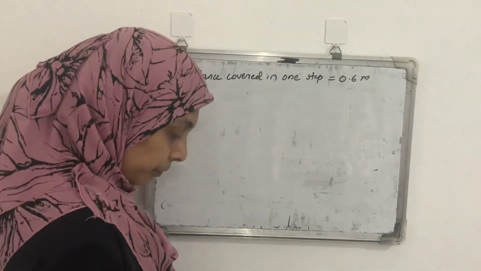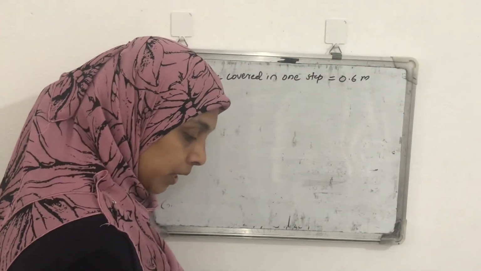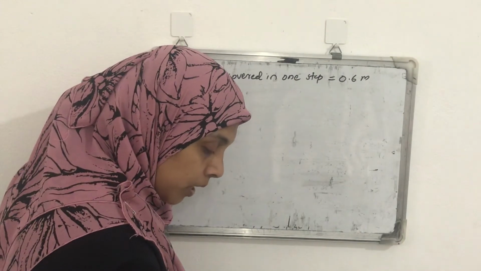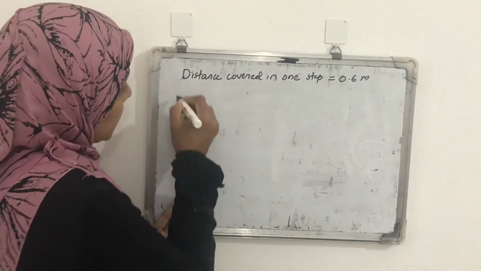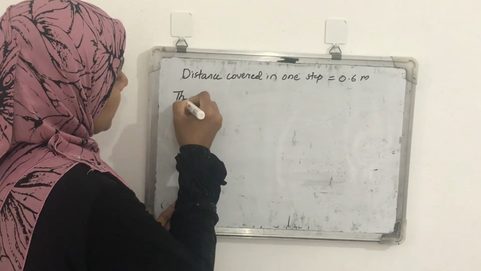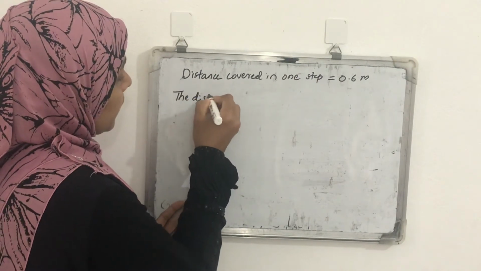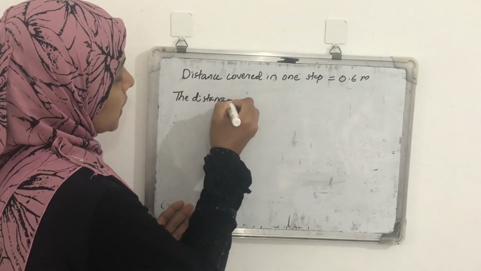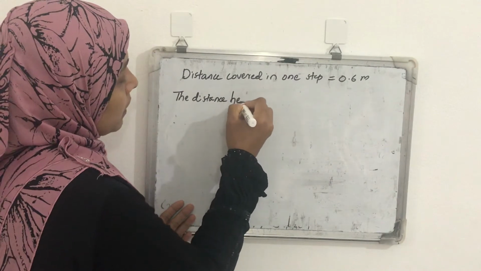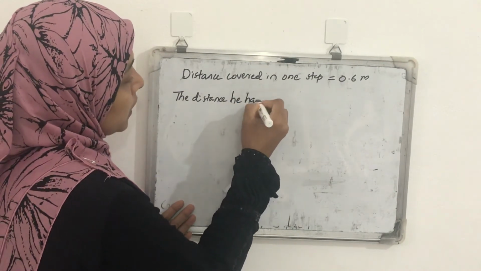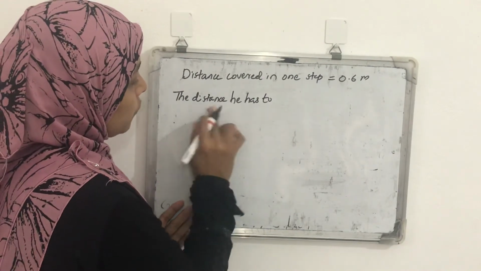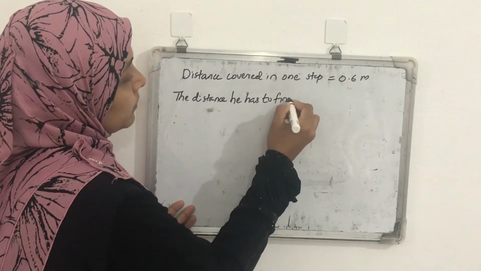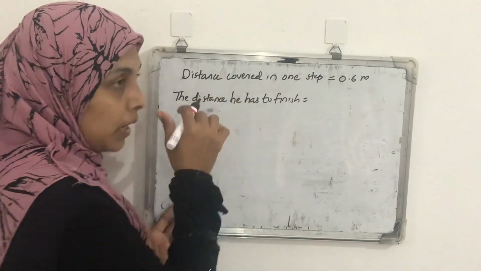Now he is participating in a 100 meter race, and he fell down at a distance of 68.8 meter. So we can find out the distance he has to finish. Total he has to finish 100.